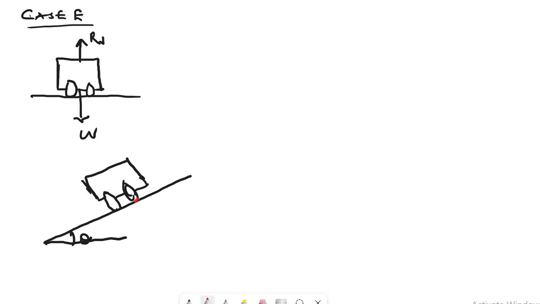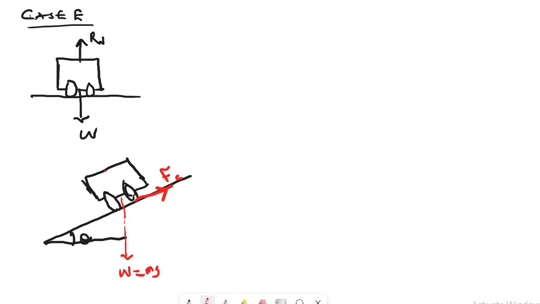The frictional force will be opposite the motion. Now, this is the weight of the vehicle. What do you notice now?